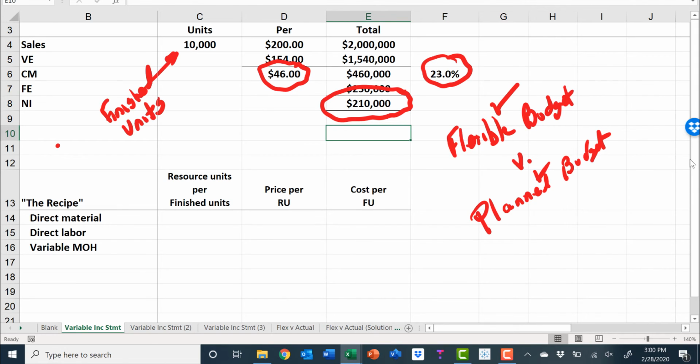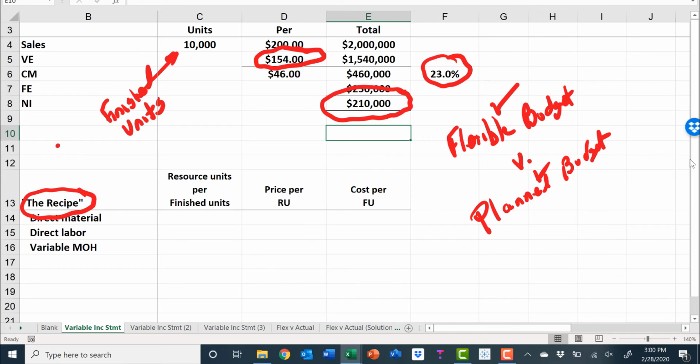Now the challenge you have is going to be this 154. Where did that thing come from? Well, it turns out that instead of just a single number called variable expenses, there are different pieces that can be in there, or what I call the recipe. I mean, if I was going to bake cookies, I would have a recipe to know what are the things that go into the cookies.